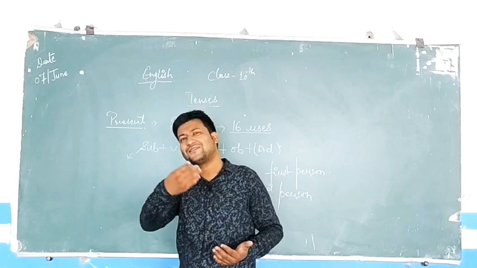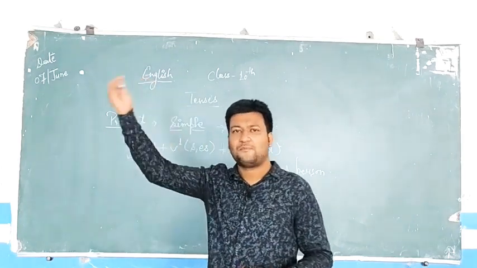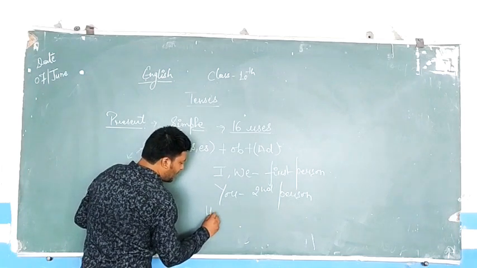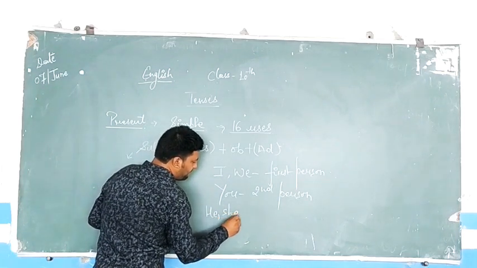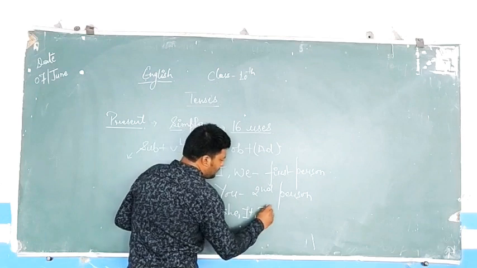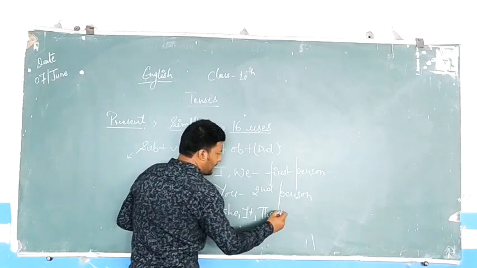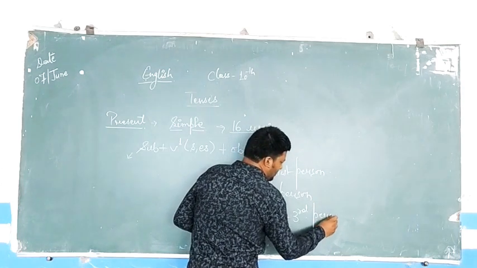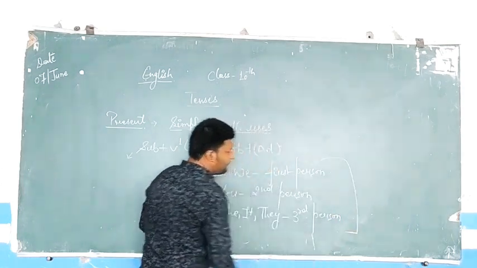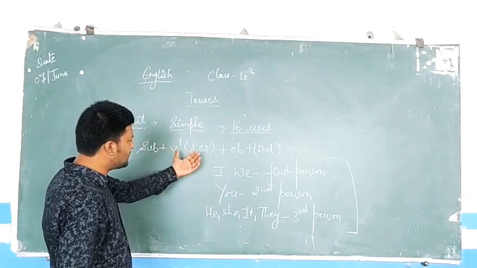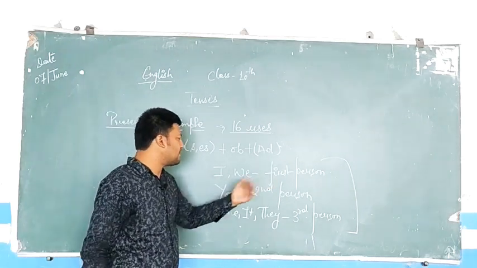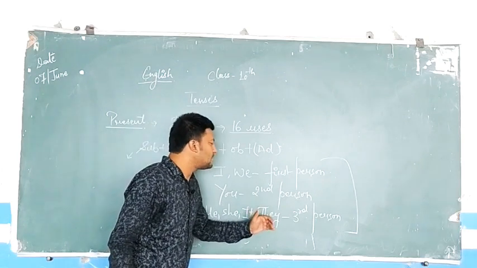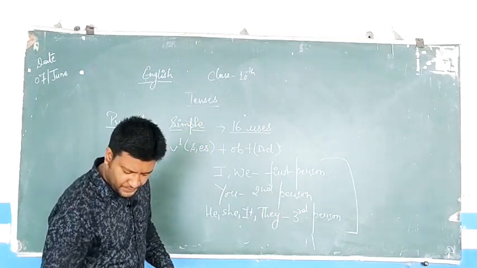Or if I ask you how is person A or person B, then the person or thing we are talking about, that is he, she, it, they, is called the third person. Very clear? These all are the pronouns. I, we are the first person, you the second, and he, she, it, and they are the third person.